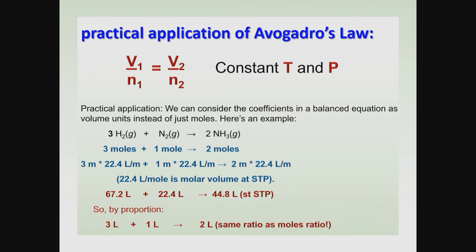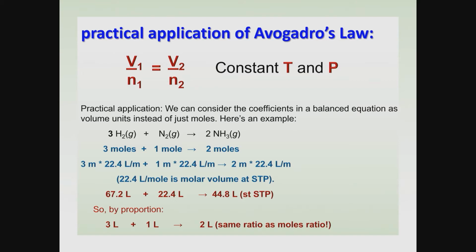So when you see an equation where all the molecules are gases, the coefficients in front not only refer to moles, but they also refer to volumes. If 3 moles of hydrogen react with 1 mole of nitrogen to give you 2 moles of ammonia, you can also say that 3 volumes of hydrogen react with 1 volume of nitrogen to give you 2 volumes of ammonia.